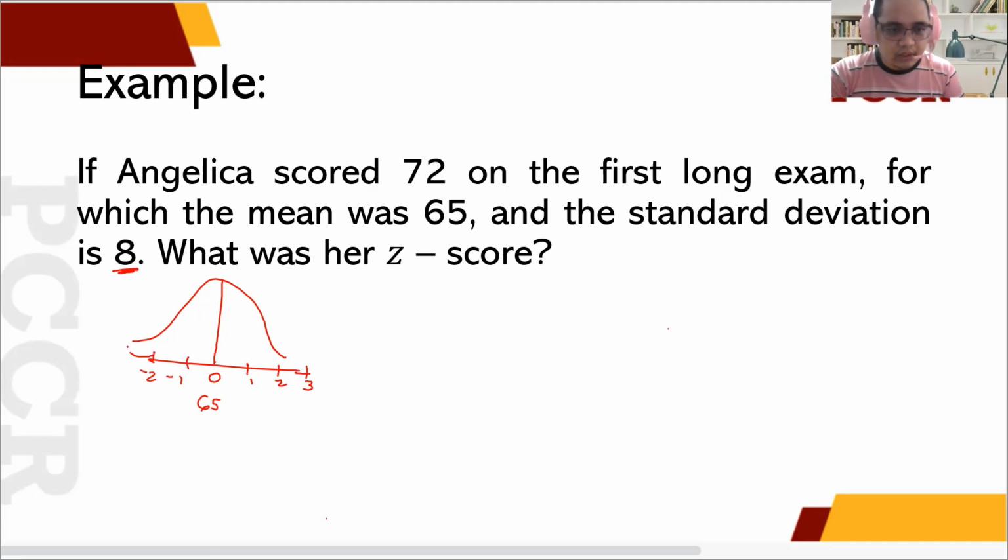So if we write that, we have 73, since 65 plus 8, plus 8 again, 81 and 89. On this other side, you subtract 8. So you have 57, then 49, and then 41.